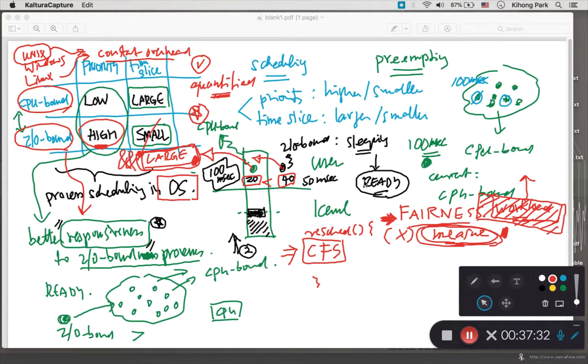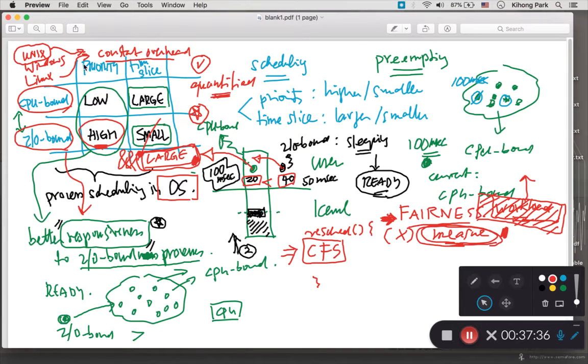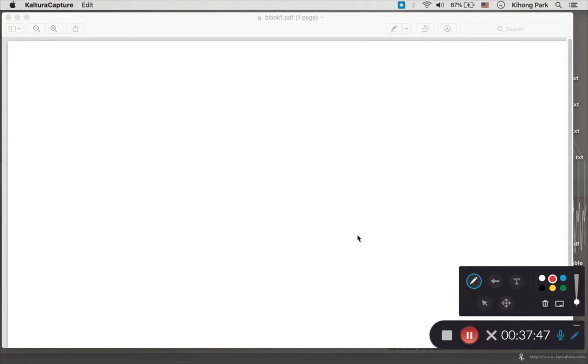So now let's look at one specific example of how this table is realized in a very sophisticated operating system when it schedules processes. And that example is that of a variant of Unix called Solaris.